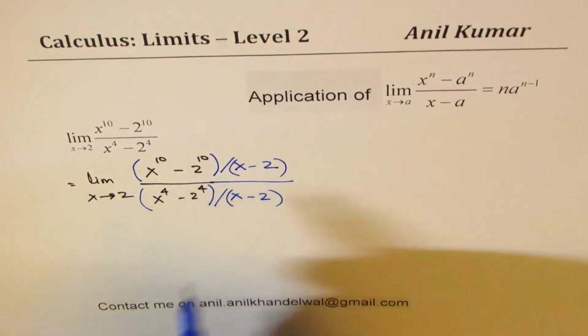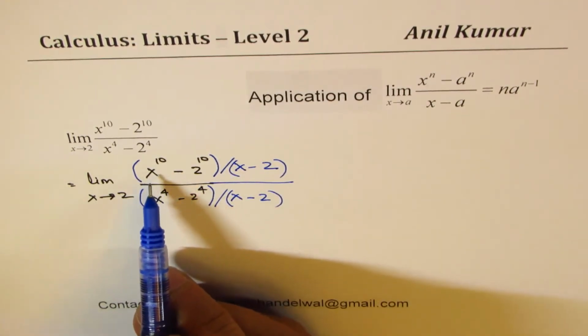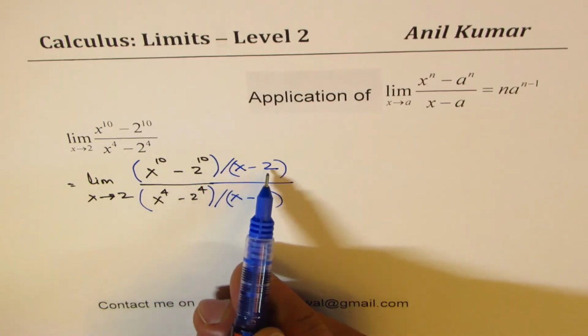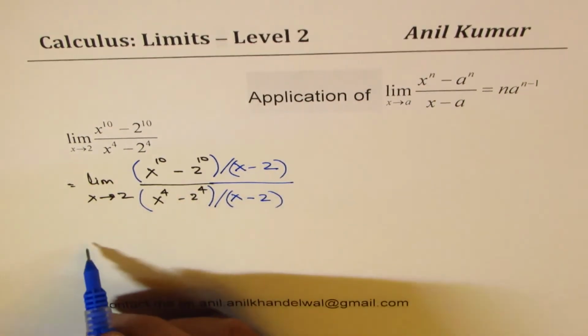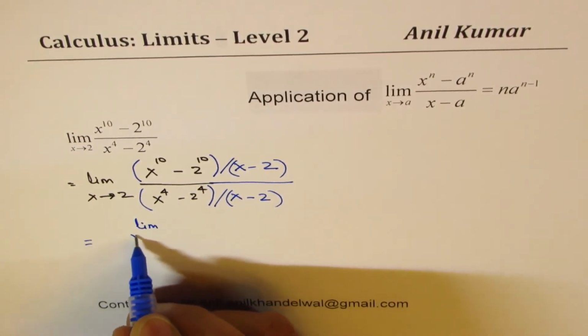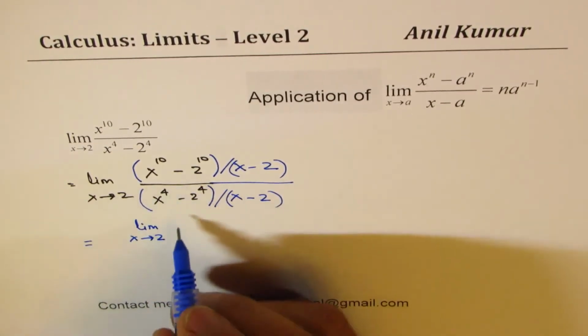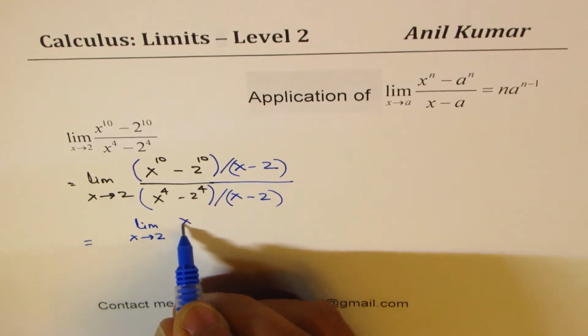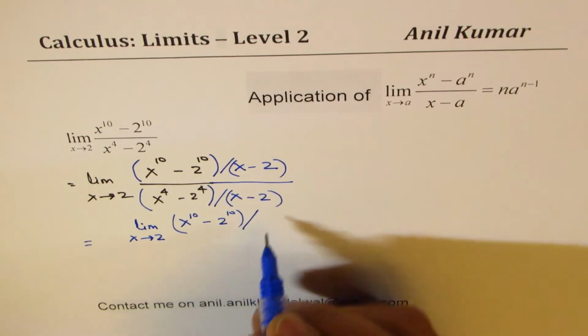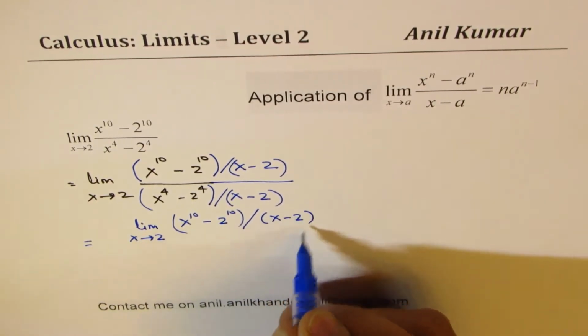Now, see. Now what we have here is x to the power of 10 minus 2 to the power of 10 divided by x minus 2. That gives you the limit of the numerator. So let me rewrite this. We say the limit as x approaches 2. For the numerator, it is x to the power of 10 minus 2 to the power of 10, everything divided by x minus 2.